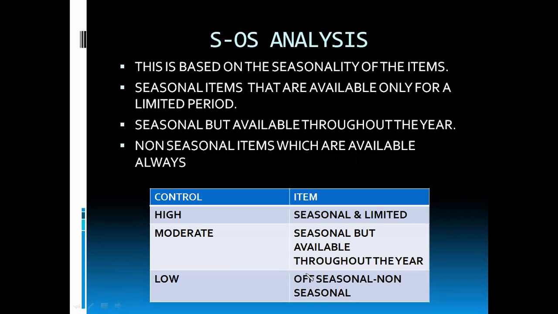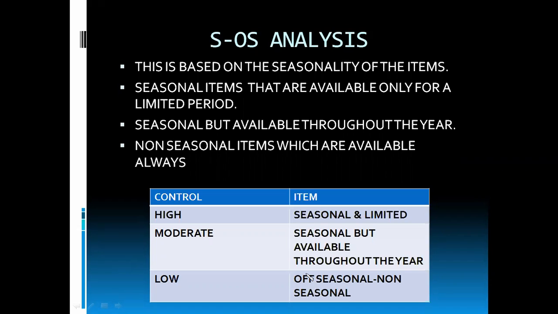SOS analysis is based on the seasonality of the items. Seasonal items are those which will not be available throughout, only for a limited period. Then there are seasonal items which are available throughout the period. Then there are non-seasonal items which are available every time.